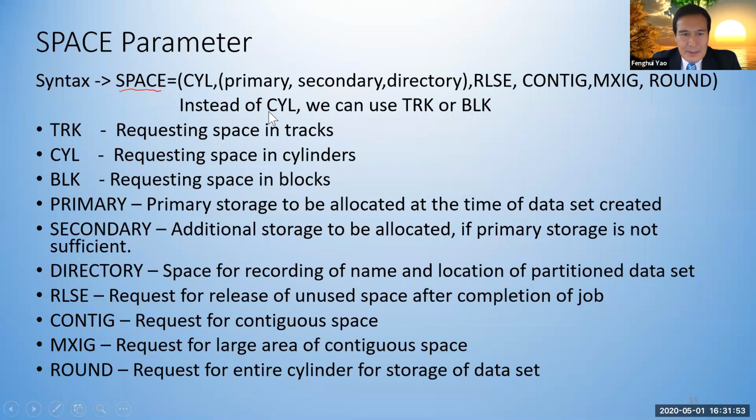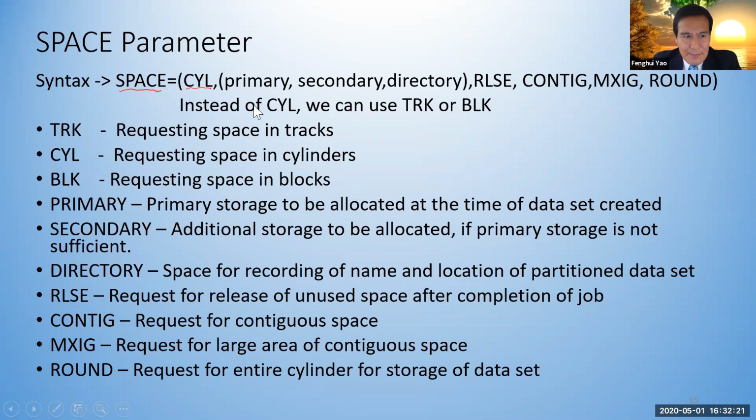Here, instead of CYL, we can also use TRK for track, or BLK for block. Track means it requires space in tracks. Cylinder, CYL, requires space in cylinders. BLK, block, requires space in blocks.